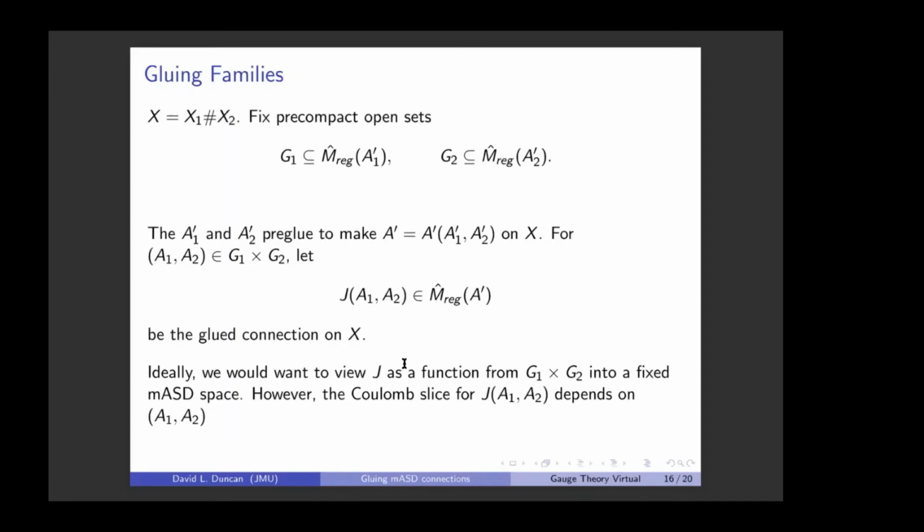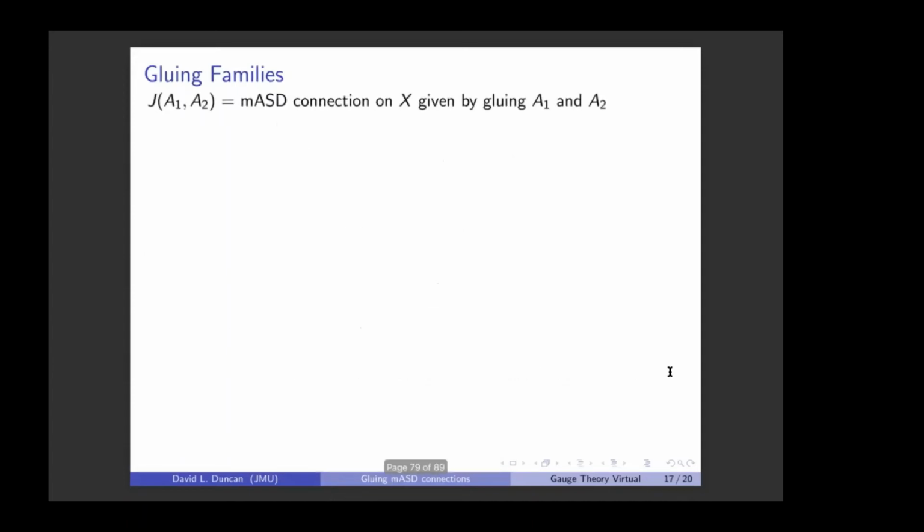We won't be able to get J as a function into a fixed mASD space. So to rectify that, we'll turn J into a section of a bundle. That's the usual thing: if the codomains are varying, then throw those things together into a bundle and consider sections of that instead of functions. So that's what we're going to do here.